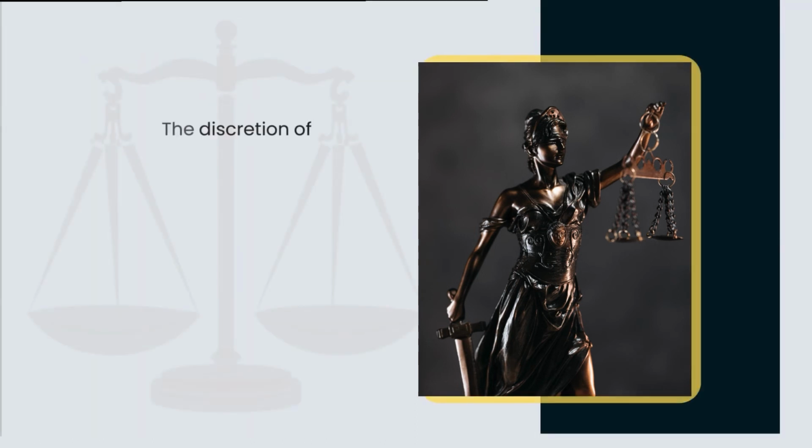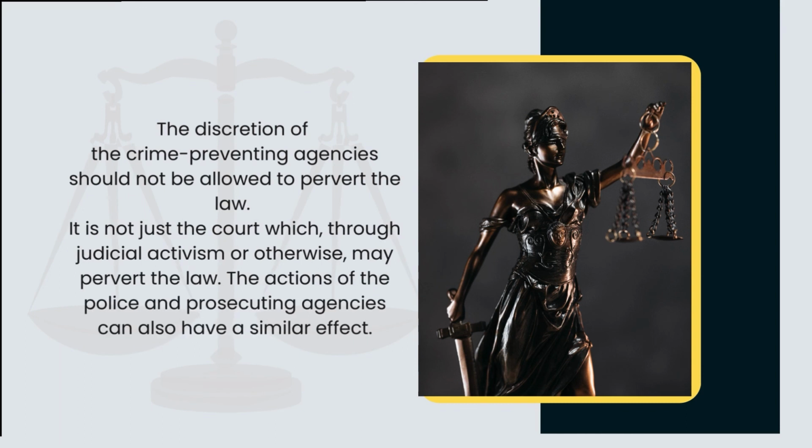The discretion of the crime preventing agencies should not be allowed to pervert the law. It is not just the court which, through judicial activism or otherwise, may pervert the law. The actions of the police and the prosecuting agencies can also have a similar effect.